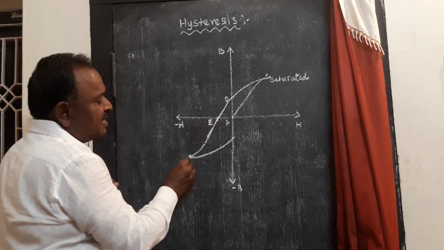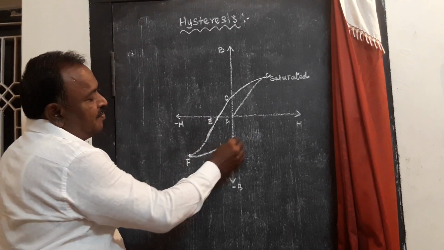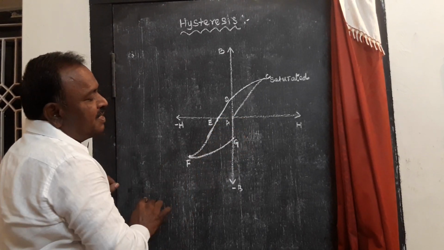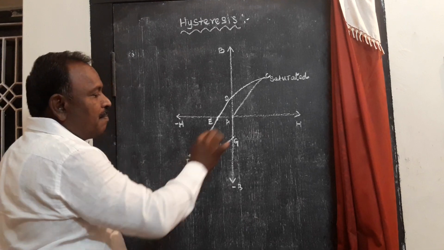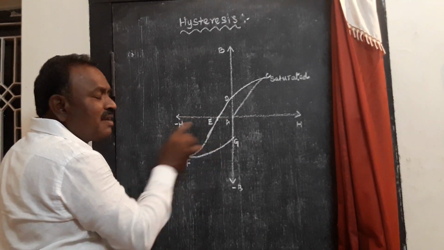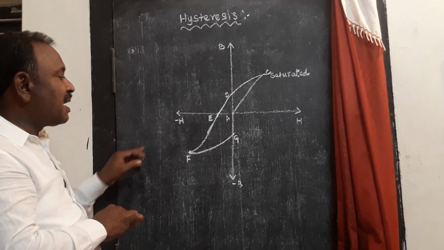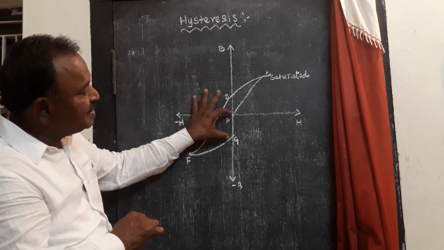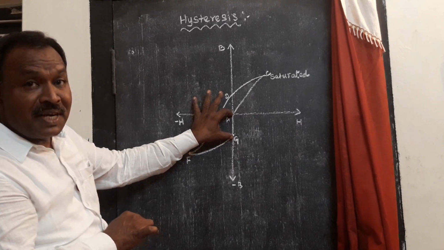Let us call this point G. Now, this AG measures the magnetic induction retained in the magnetic material when the magnetizing field becomes 0. So this is negative retentivity.